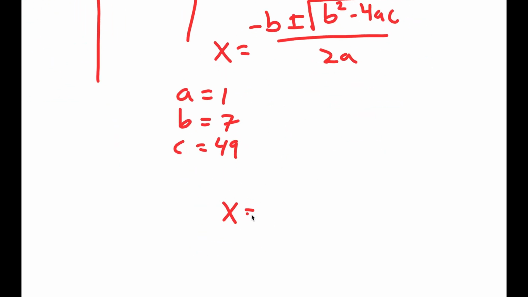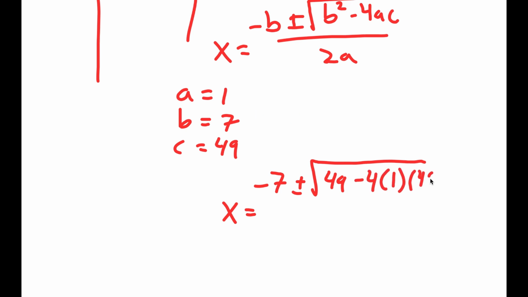So I get x is equal to negative b, so -7, plus or minus the square root of b squared, so 7 squared is 49, minus 4 times 1 times 49, all over 2a, so 2 times 1.